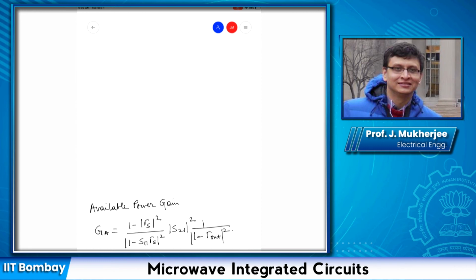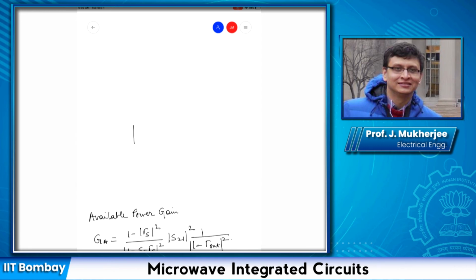So let me just draw the circuit diagram. So GA is given by PAVN upon PAVS.